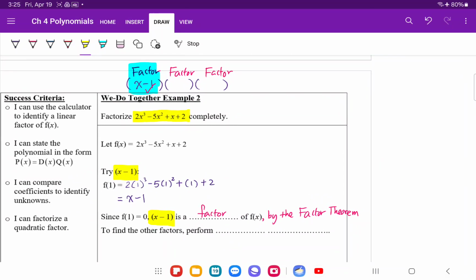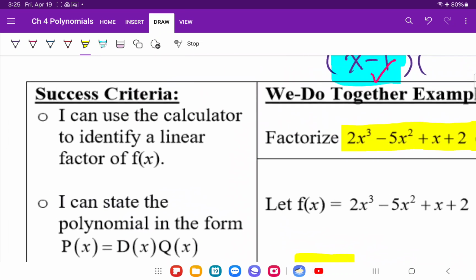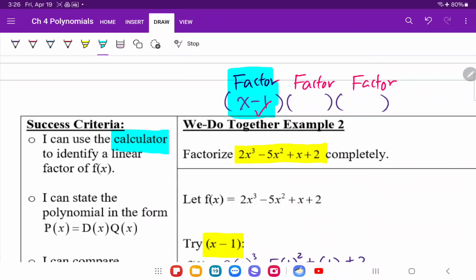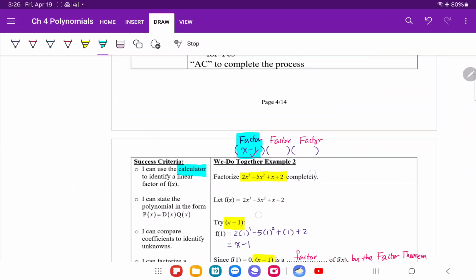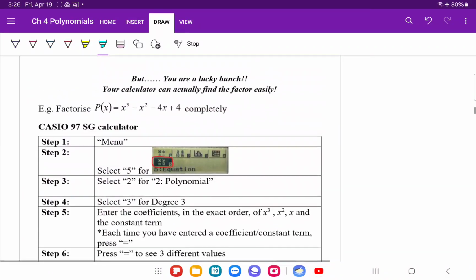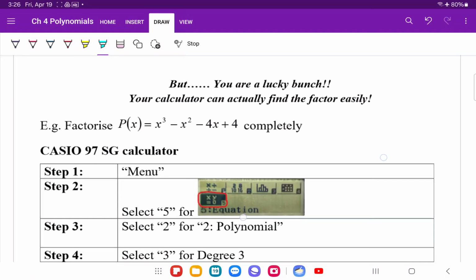If you were living during my time as a student when my calculator was very outdated, yes, it is really by luck. I have to try many numbers to get the 0. But for you, there is a faster way. You can actually use the calculator method to first identify this factor. Now, how do you go about doing it? Turn one page earlier. Now, this is the step-by-step guide.